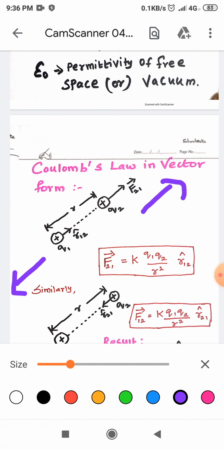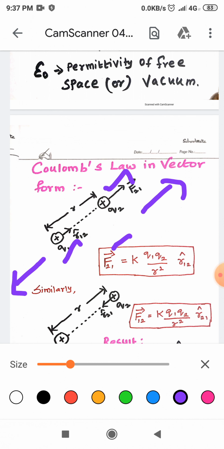First, I am going to consider the force experienced by the charge Q2 due to the charge Q1. That force is F21 vector. According to Coulomb's law, F21 vector is equal to K Q1 Q2 divided by r square.